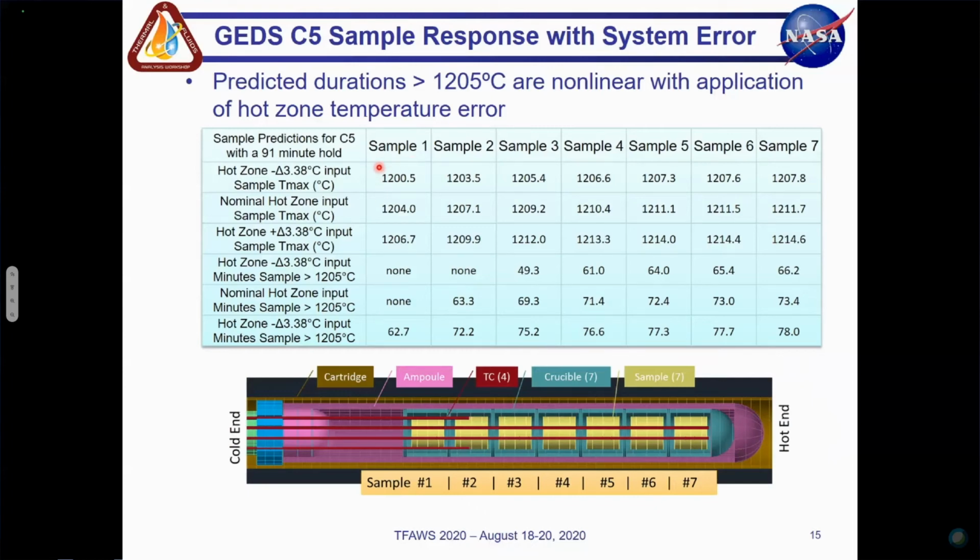This is like that earlier table I showed, but it also includes the TC error. If we look at sample number 1 and factor in the TC error, the temperature ranges between right at 1201 and all the way up to about 1207.